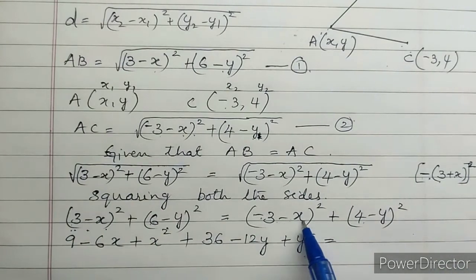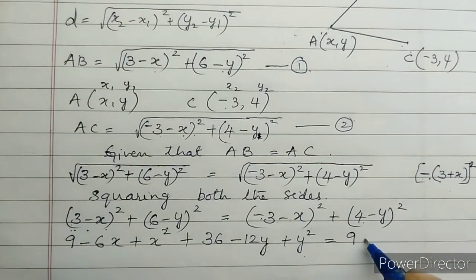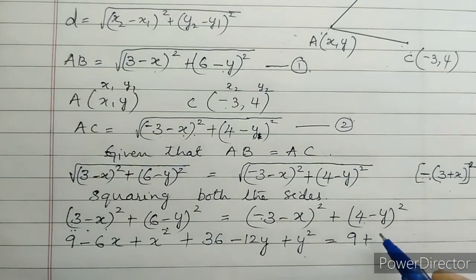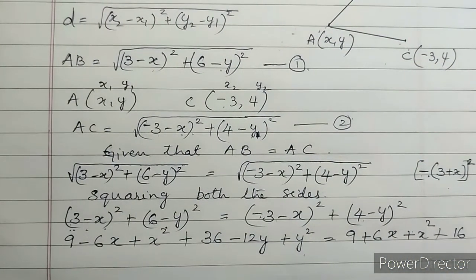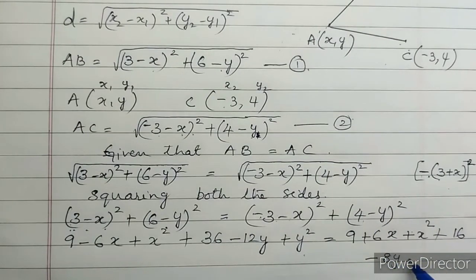So (3 plus x) the whole square means it is 3 square, 9, plus 2ab, 2 into 3, 6x, plus x square. Next (4 minus y) the whole square, 4 square it is 16, minus 2ab, 2 into 4, 8y, plus y square.